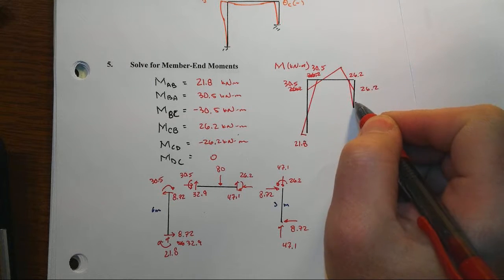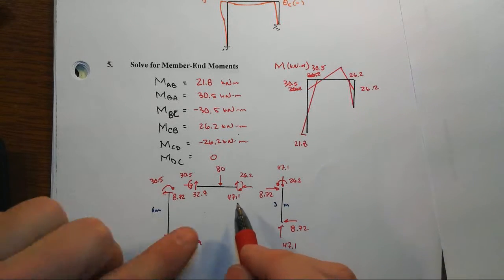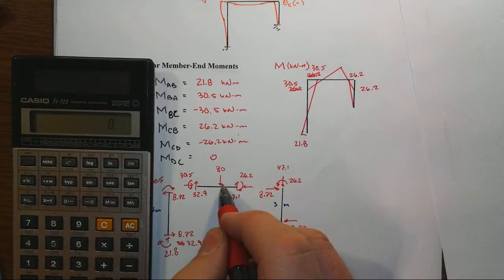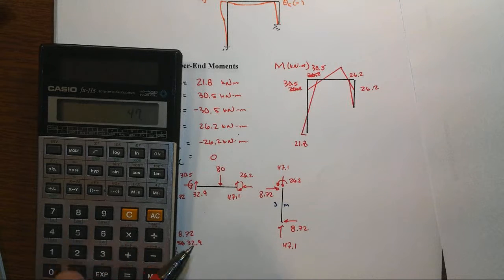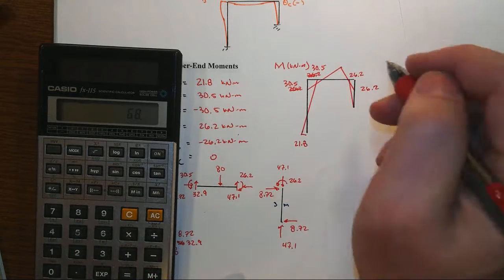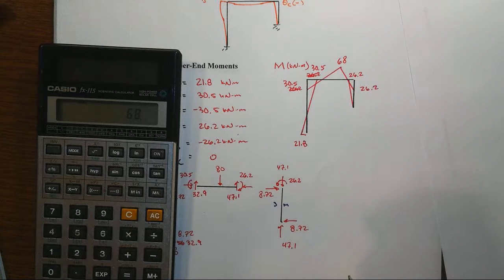We got the other column from 0 to 26.2, but we don't know what the positive maximum moment is going to be. We can then come over to here, cut just to the right of the load, and we'd have 47.1 times 2 meters, and then subtract off our 26.2, and roughly we get another surprise, almost exactly 68, right at the peak of that, right?